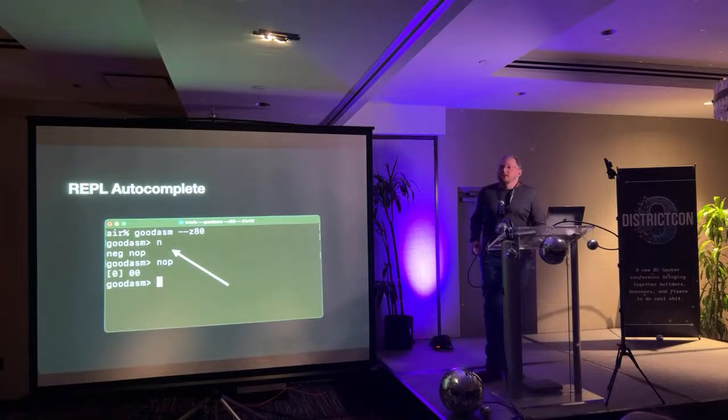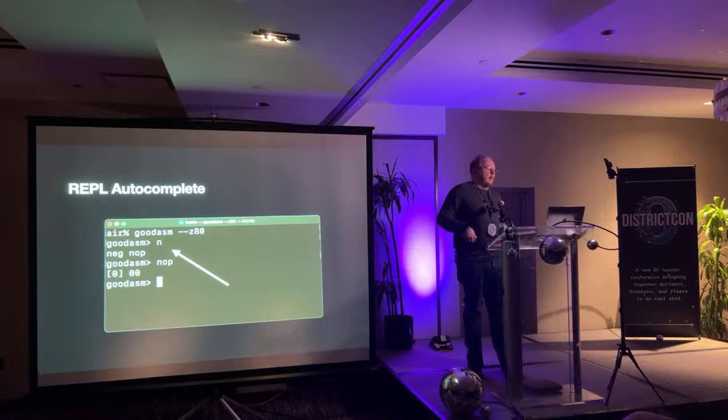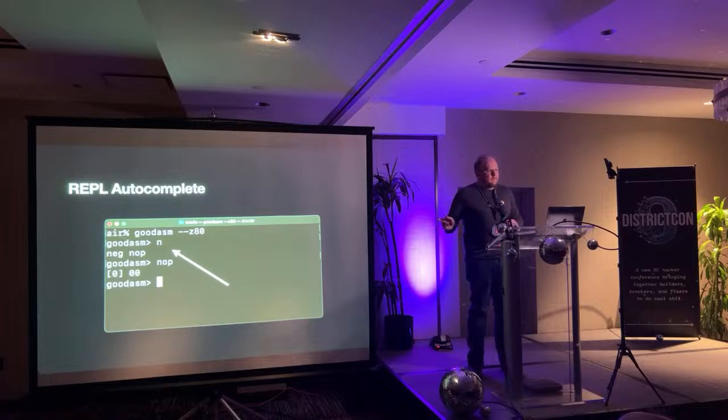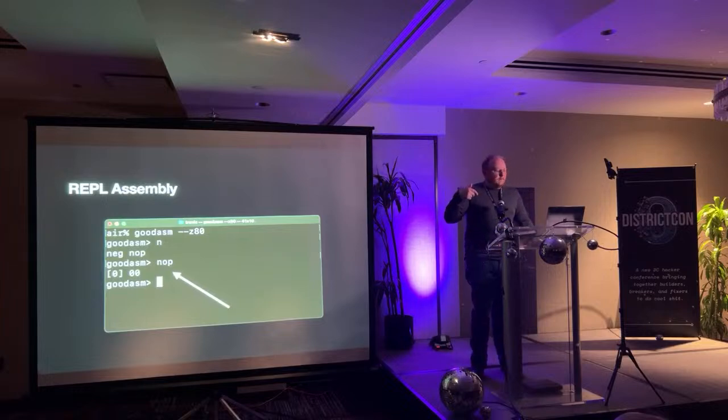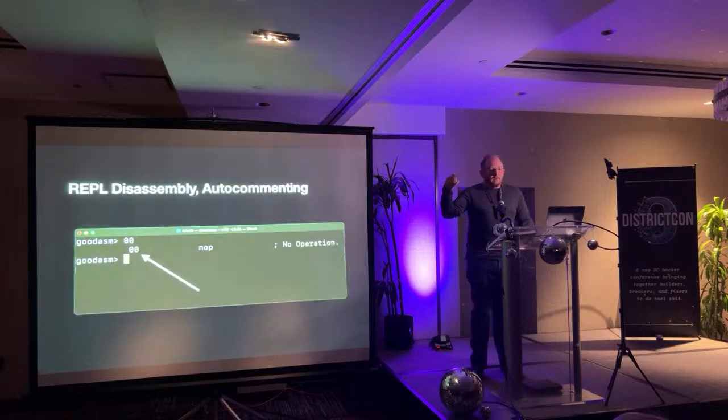This also allows for autocomplete within the REPL environment. So if I hit N and I type tab, it tells me that in this architecture, I can do either neg or NOP. And it can do the same thing for the parameters afterward if you forget the addressing modes. As you type it in, it produces the instruction, and you can also go backward. You can type in the bytes, and it will give you the instruction.